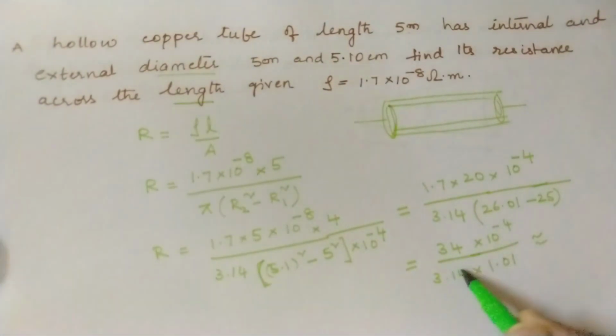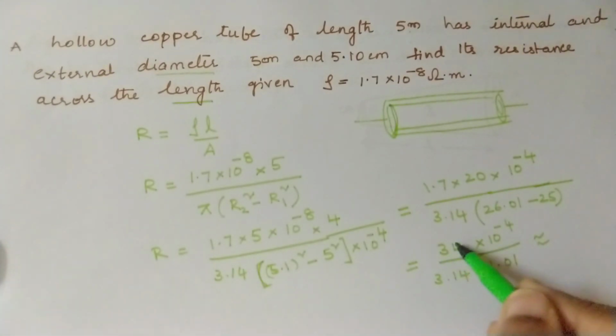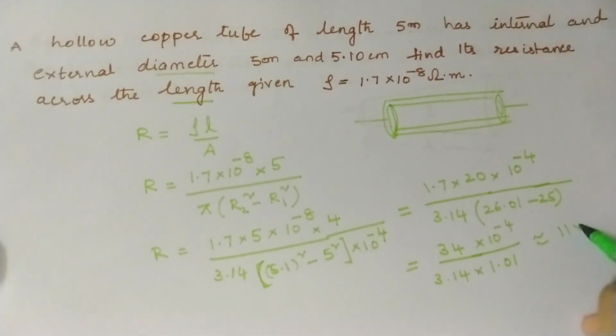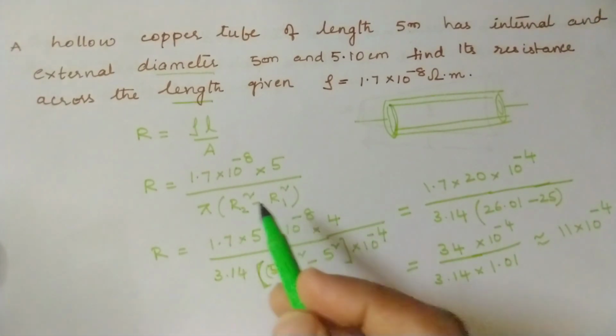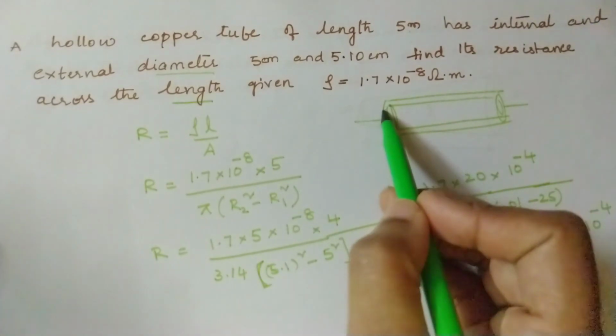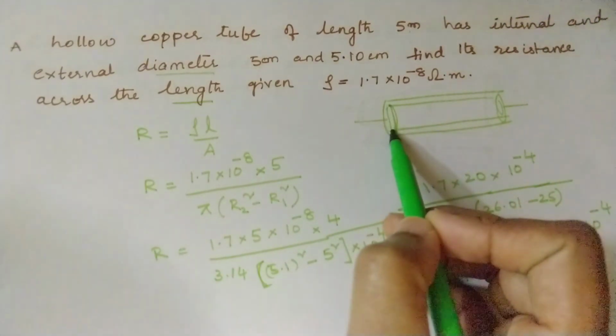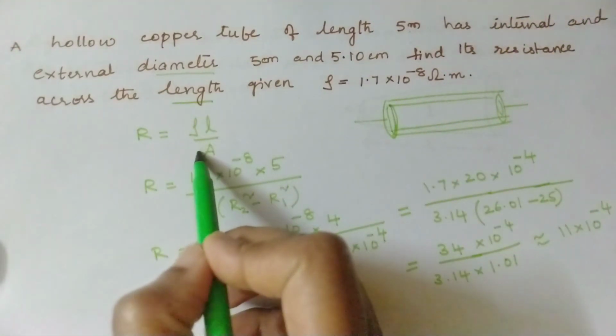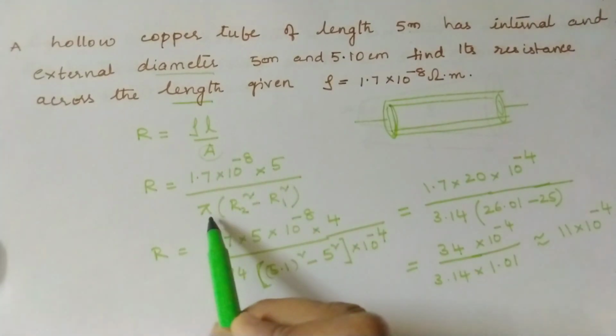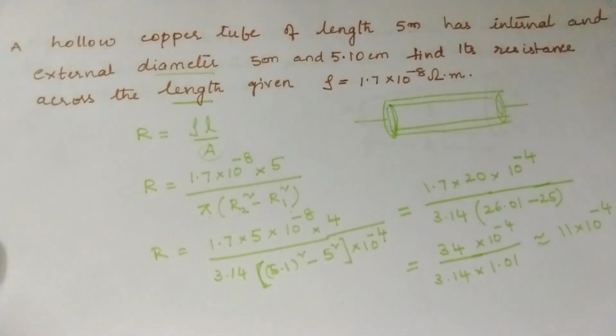Find out what the answer should be. This will be nearly more than 10 times. So 11 into 10 to the power minus 4 ohms. Calculation is just substitution, but remember, when you have a hollow copper tube, then while taking the area of cross section, take it as pi into R2 square minus R1 square.